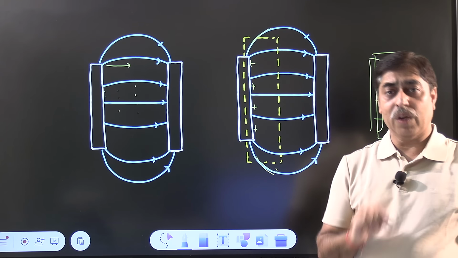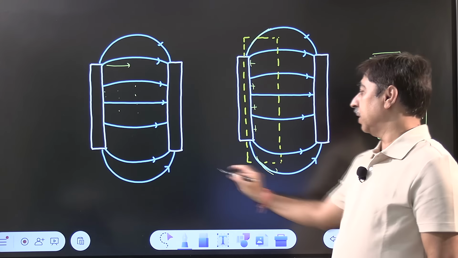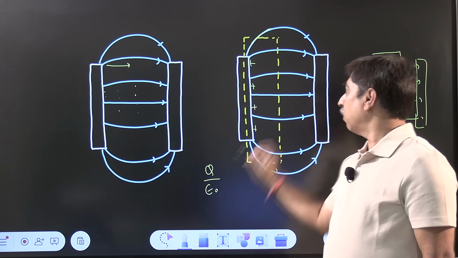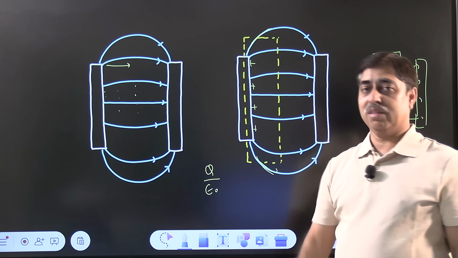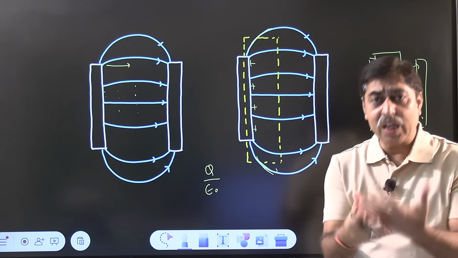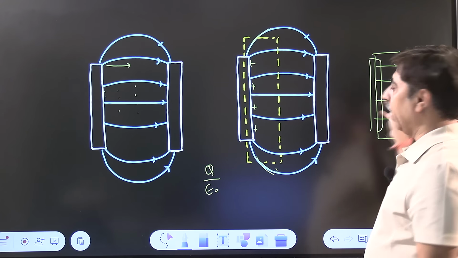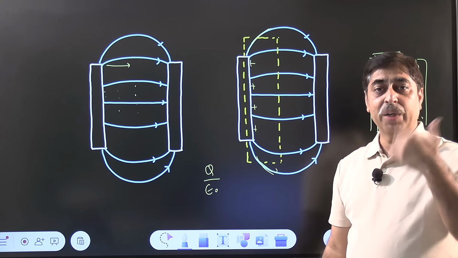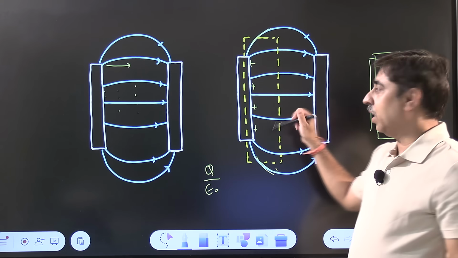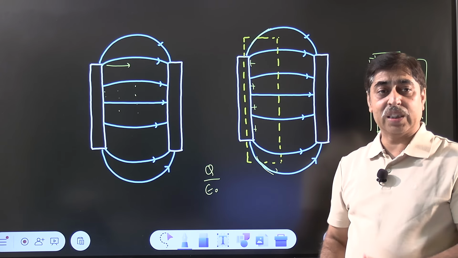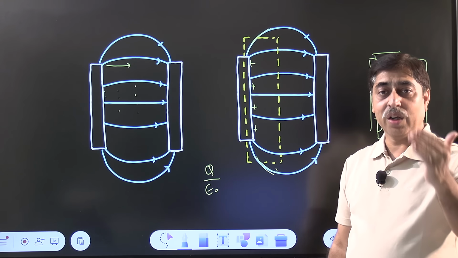So, the total flux through this closed surface is Q by epsilon naught, but the flux through this surface is less than this, which again gives you an idea that the value of electric field that you obtained in the ideal case was a bit higher. Actually, the electric field here will be a bit less than what you have thought it to be.